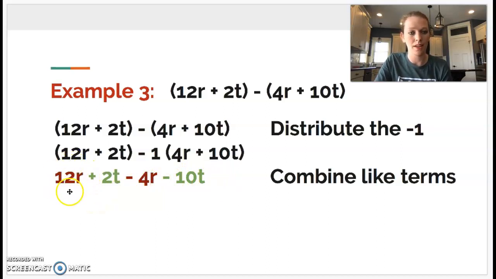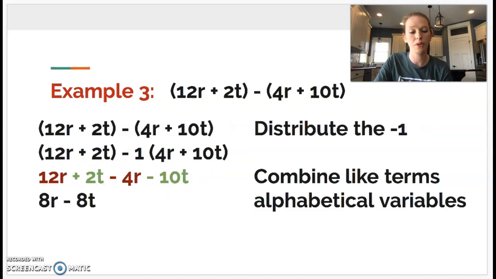So I went ahead and made the r's red, so 12r minus 4r. And then I'm going to go ahead and combine the t's, my 2t minus the 10t. And when we do that, 12r minus 4r is 8r.